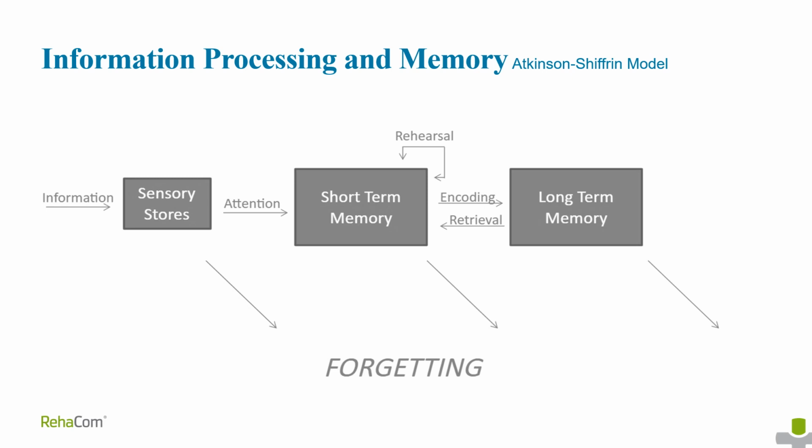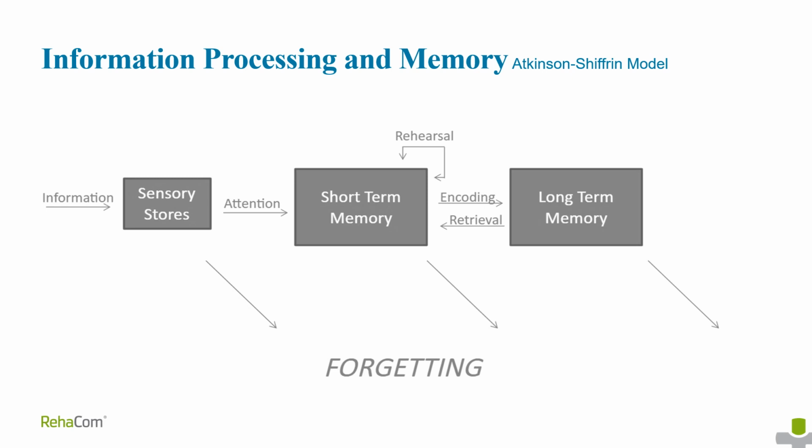Information is detected by sense organs and enters the sensory memory. If attended to, this information enters the short-term memory. According to the multi-store model, short-term memory holds a limited amount of information for short periods of time with relatively little processing. They describe short-term memory as a unitary system.